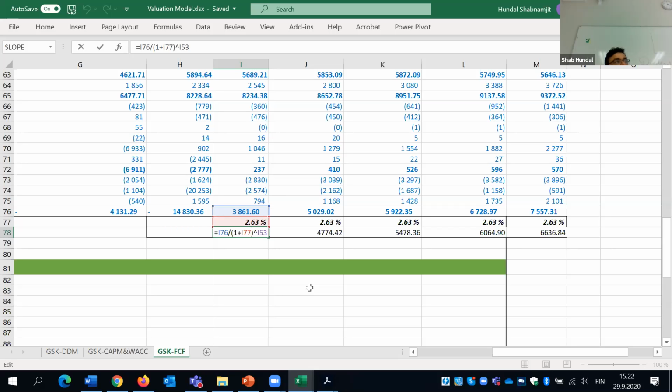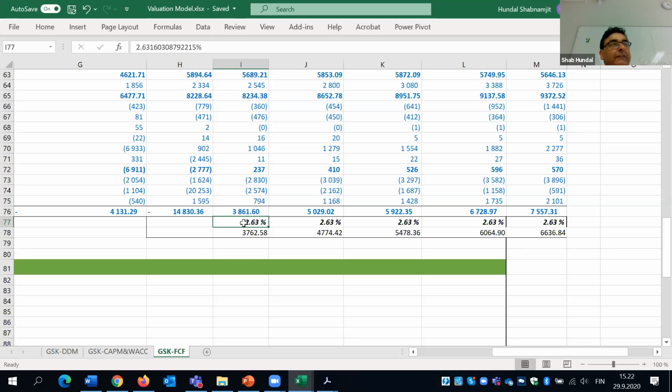The discount rate I'm using is 2.63%. And when I click on the 2.63, it doesn't give me any formula. Now my question is, where does this discount rate come from? Why am I using 2.63? Have you seen 2.63 before in today's lecture?